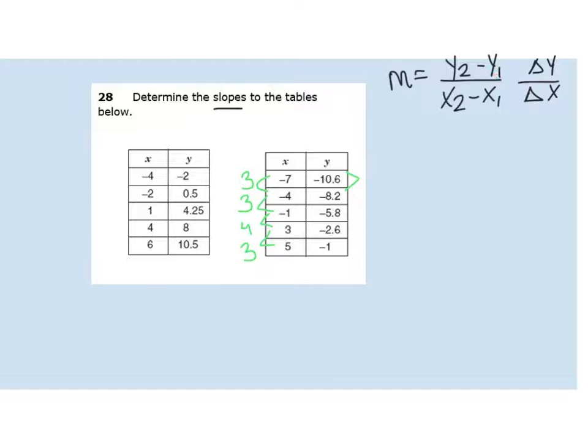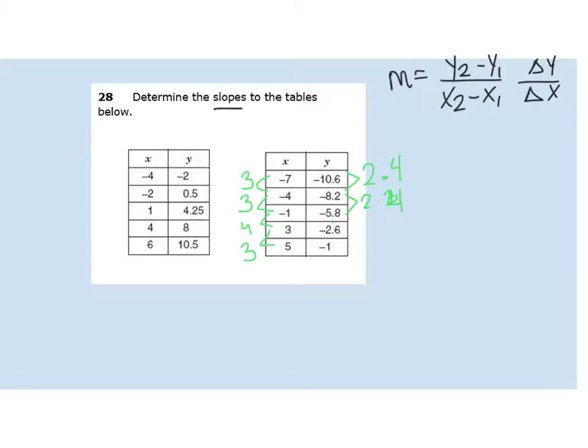So if you're typing this in the calculator, it's going to be -8.2, and then you're going to subtract -10.6, and that comes out to a positive 2.4. Same thing here from these values. The -5.8 is my second y value, so -5.8 minus -8.2 is going to come out to 2.4.